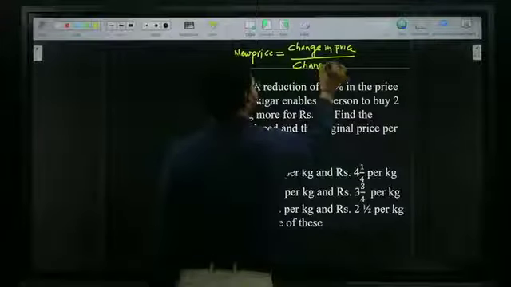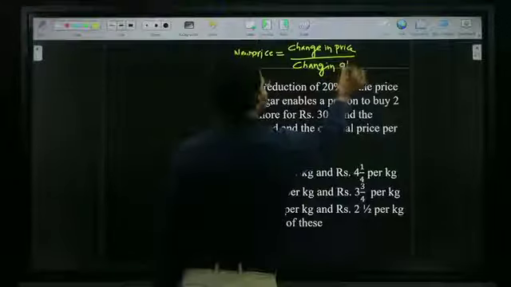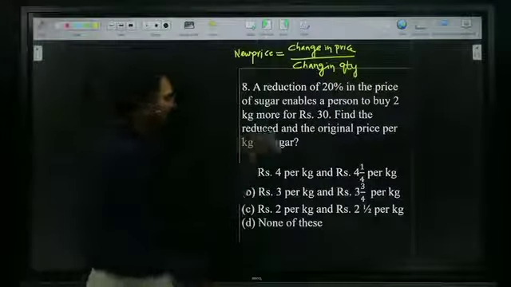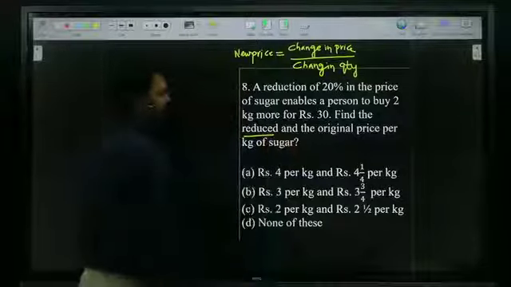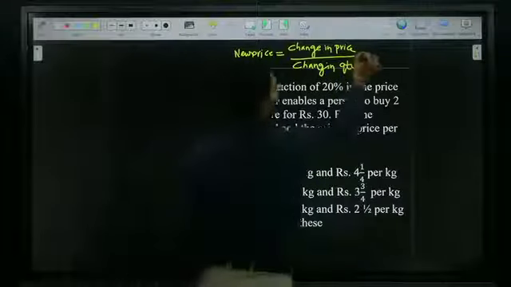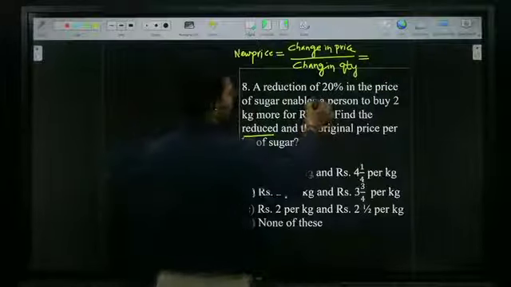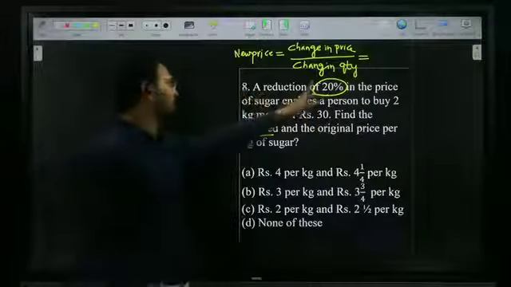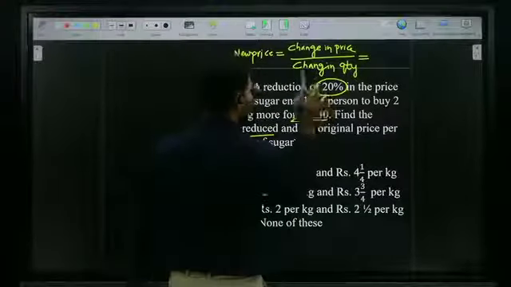So new price is nothing but reduced price only. Here, change in price is what? 20%. Change is nothing but either increase or decrease. Here a 20% reduction is there, for how many rupees? 30 rupees.